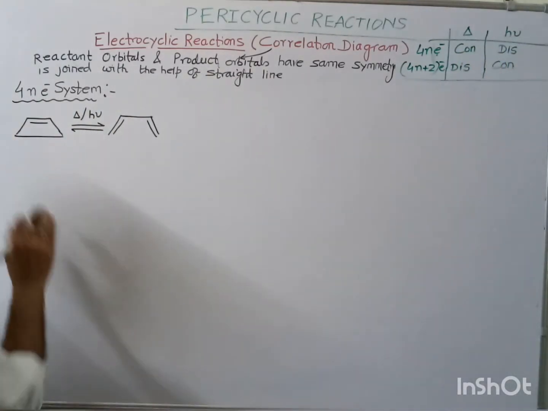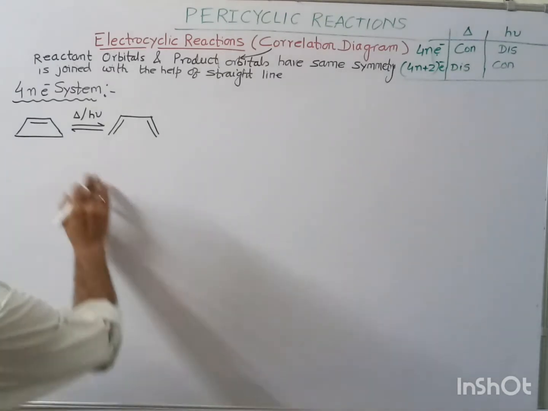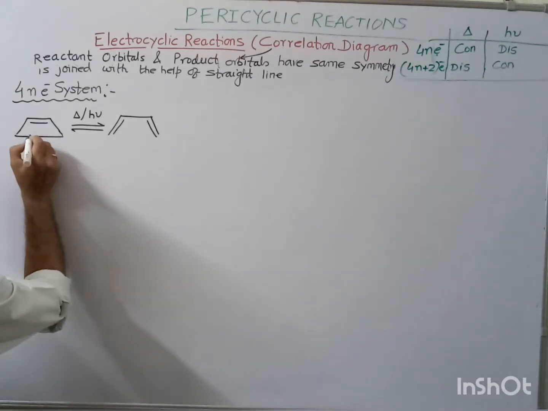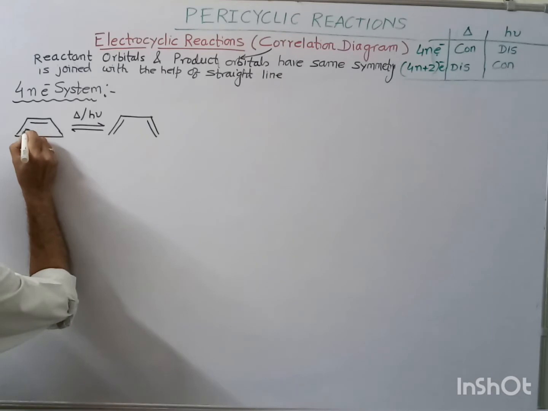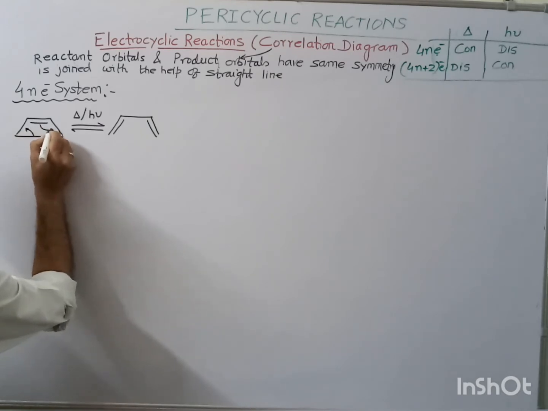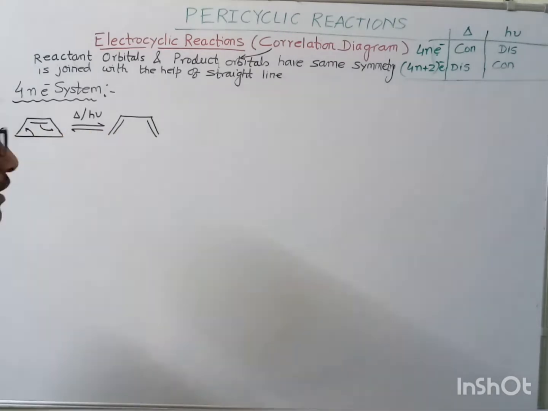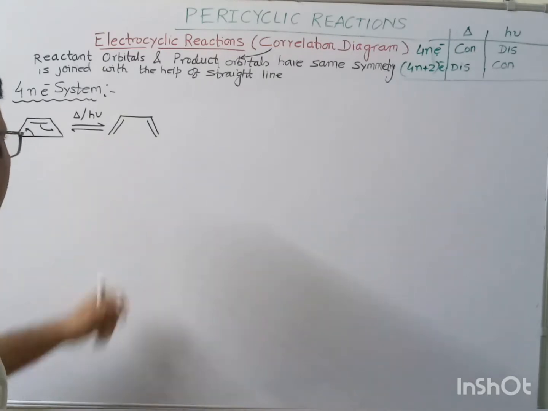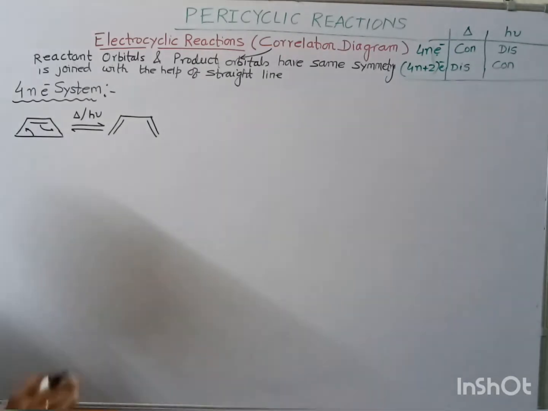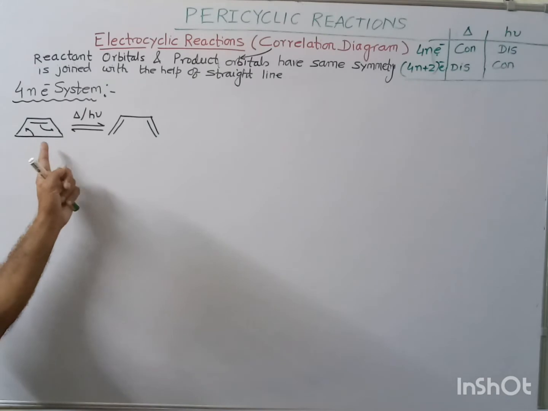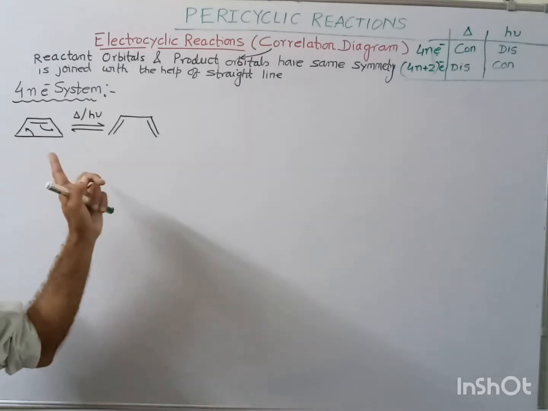Now, what are the molecular orbitals involved during this reaction? This will go here and this will go here, and this will form the butadiene system. How many electrons are involved in this reaction? Four electrons are involved.